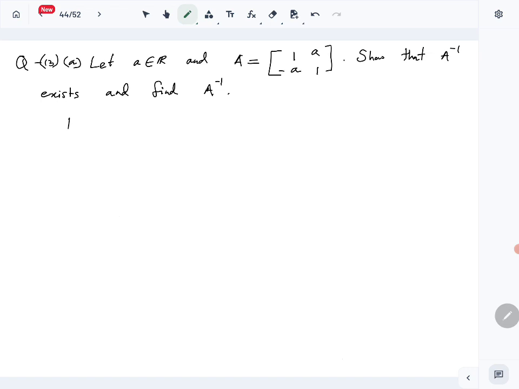So let's find the determinant of A. So determinant of A is what? We multiply along the diagonals. So 1 times 1 minus, along this diagonal now, minus a times a.